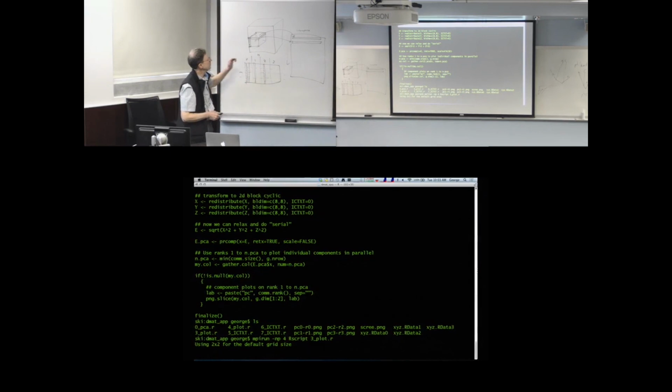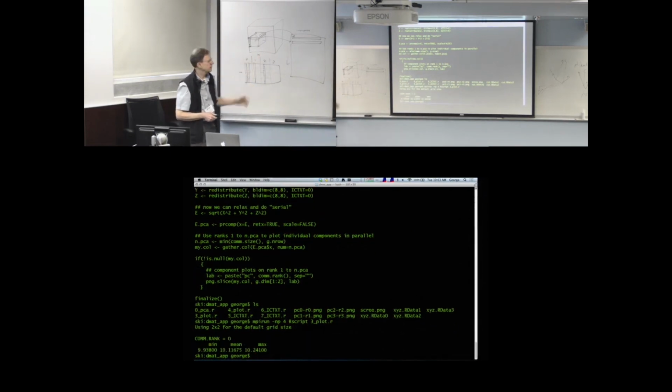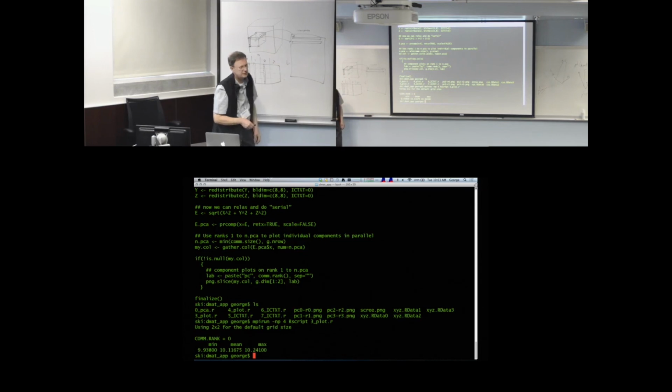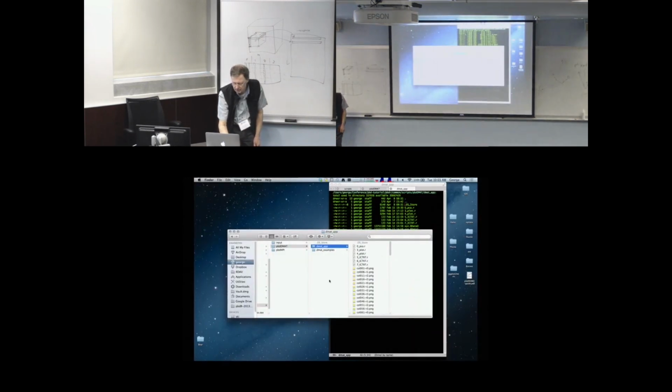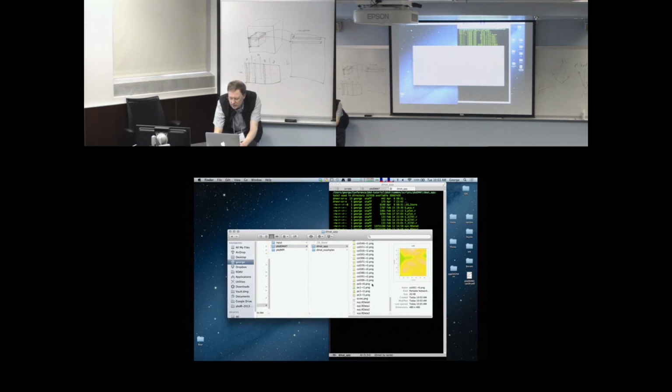The other function plots the actual eigenvectors. Okay, so this was done. By the way, it also uses a timing function, which tells you how much time the script took. And so now here I have all the plots that it made.